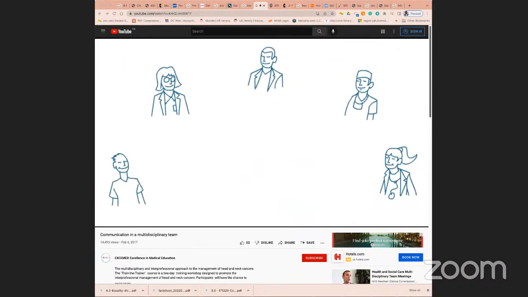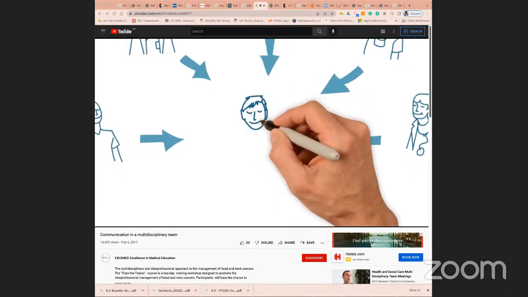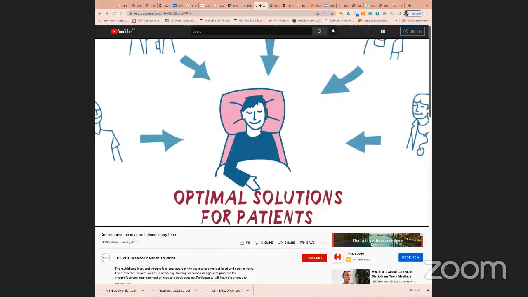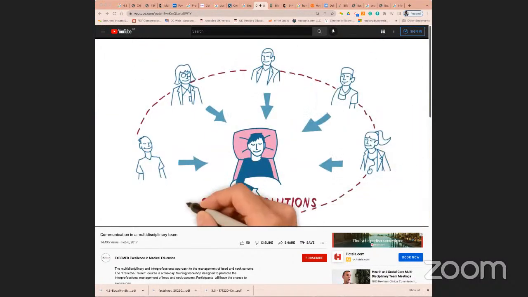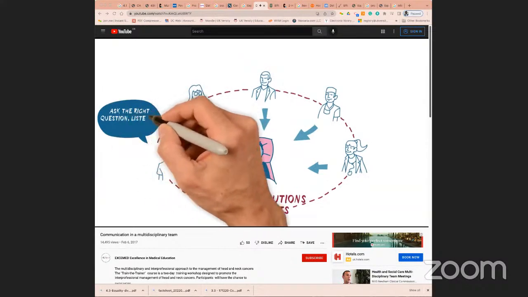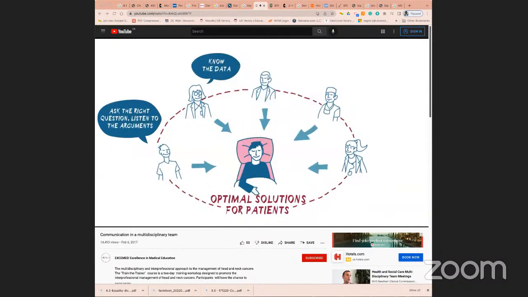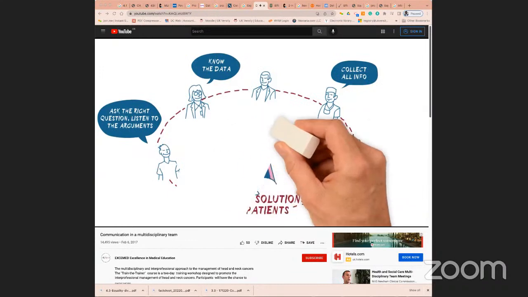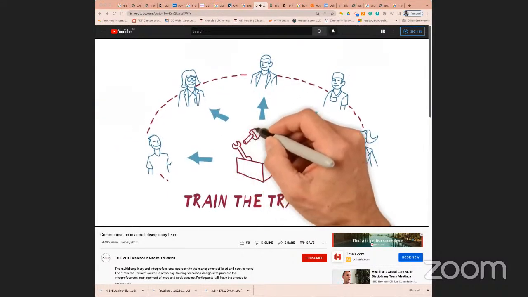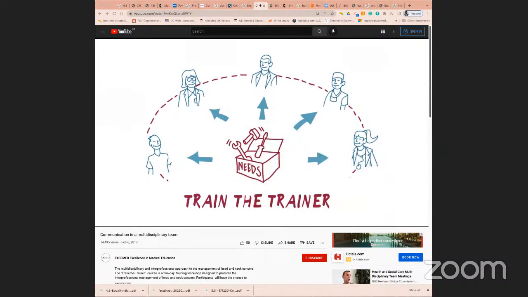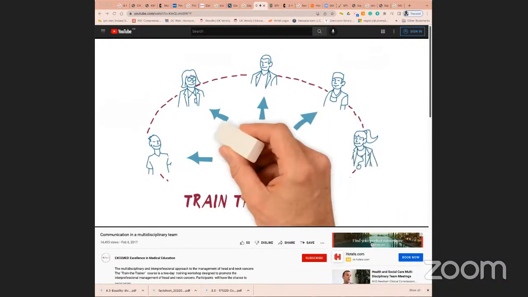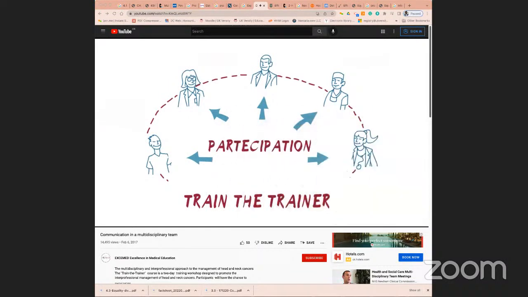The entire team must strive for a common objective of identifying optimal solutions for patients. It is the team's responsibility to encourage the contribution of each member, identify useful experiences and expertise, and then follow the team's decision. Our Train the Trainer program offers participants the tools to identify the needs of a multidisciplinary team, improve its efficacy, and achieve active participation from each member.